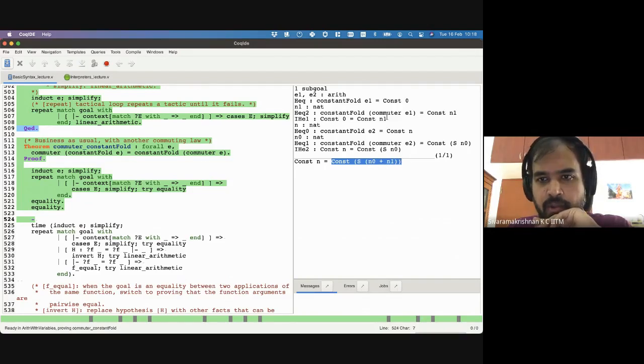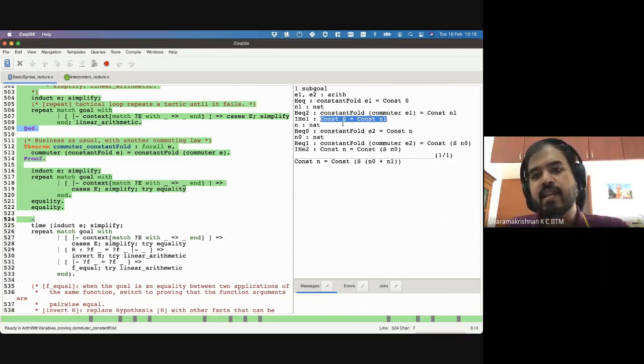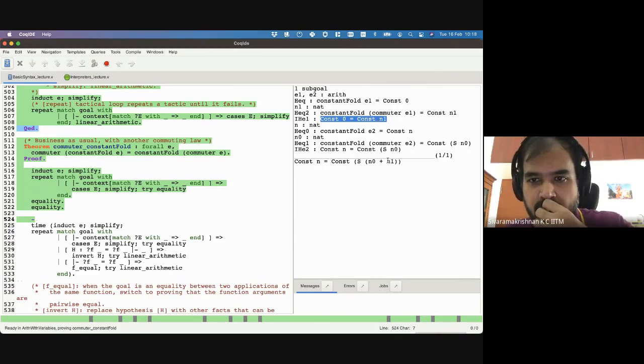I know that const of 0 equals const of n1, right? Which must mean that 0 equals n1. N1 is 0. And what do I know about n0? I know that const of n is const of s of n0, right?